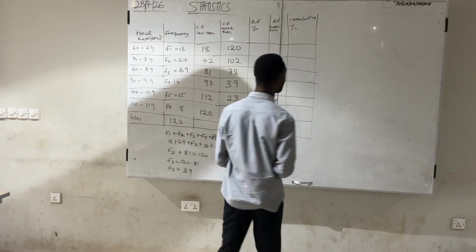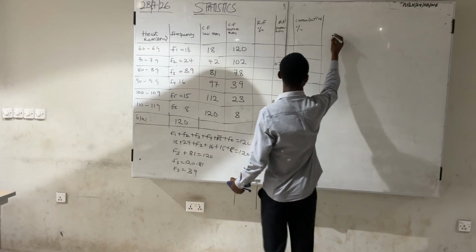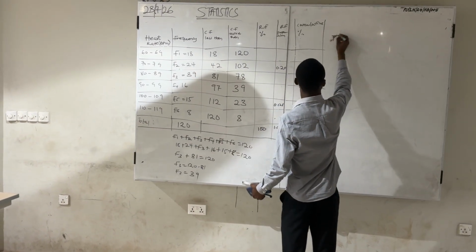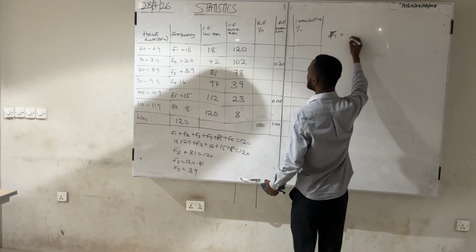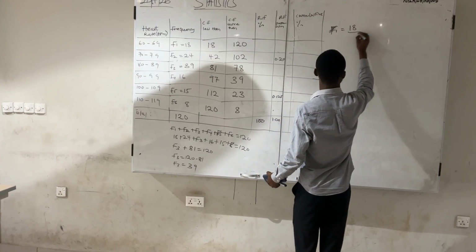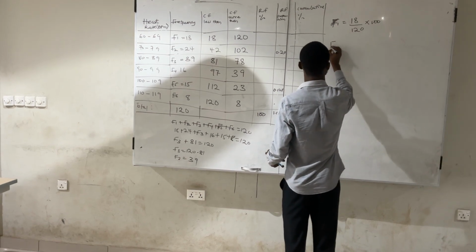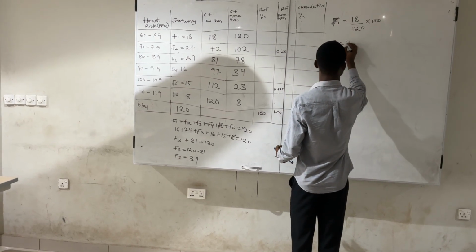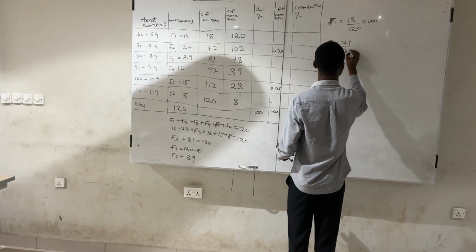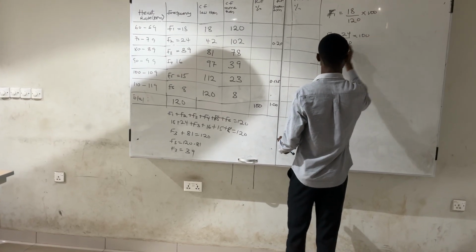So let's take F1. F1 equals 18 over 120 times 100. Then F2 will be 24 over 120 times 100.